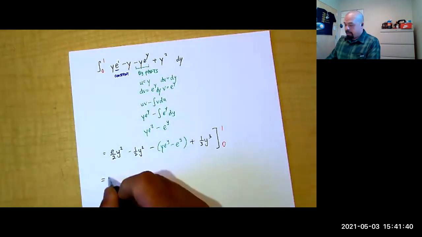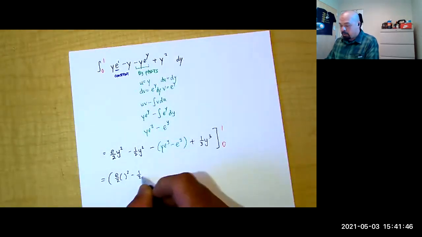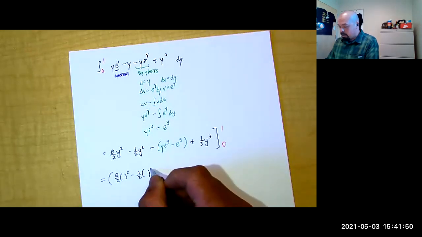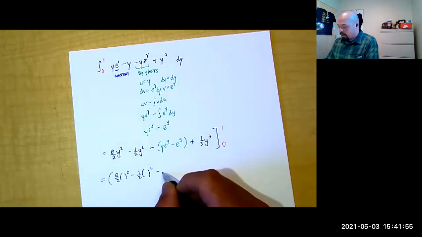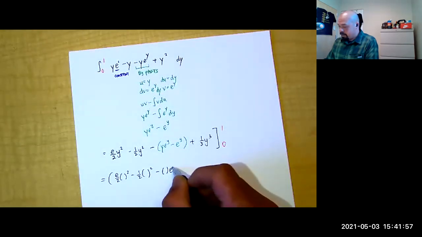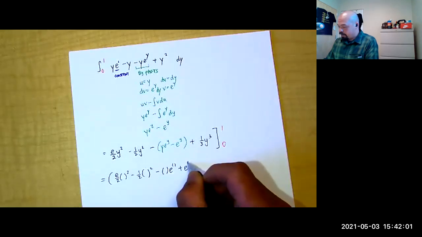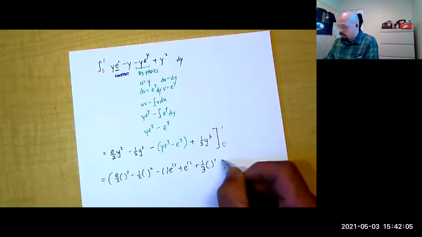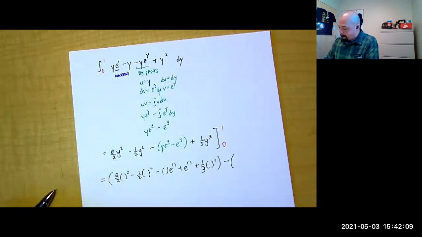So what's that going to become? It becomes for our upper limit, e over 2 times 1 squared, minus 1/2 times that 1 squared, minus 1 e to the first minus e to the first, plus 1/3 times that 1 cubed, minus, and for these we'll do that 0 in, okay?